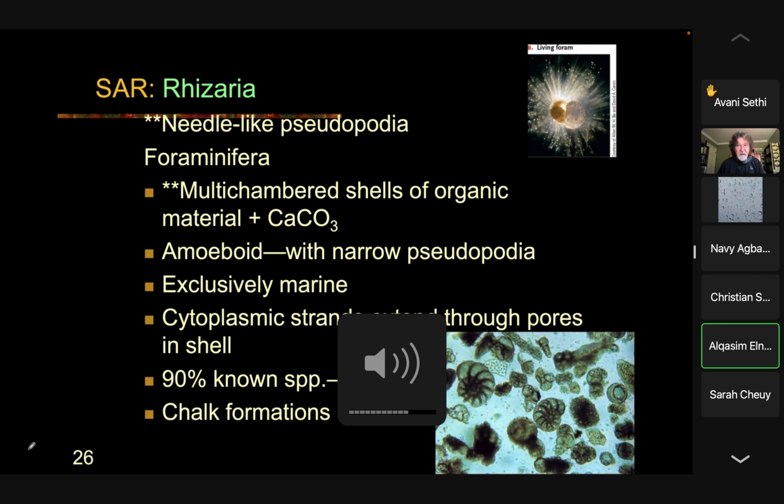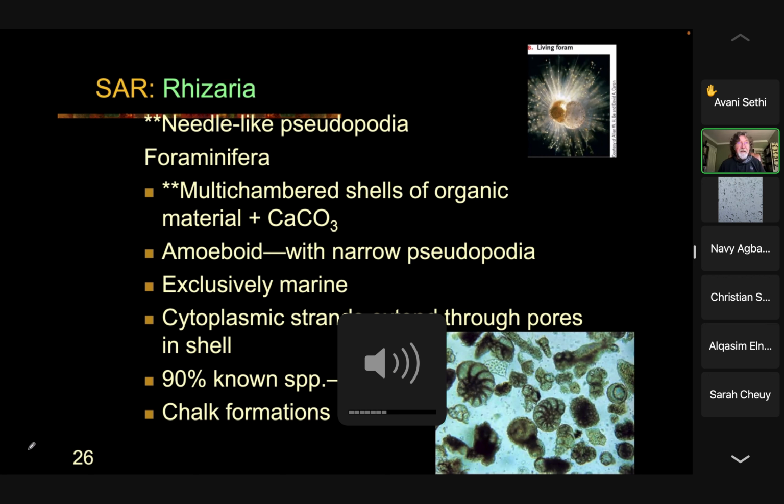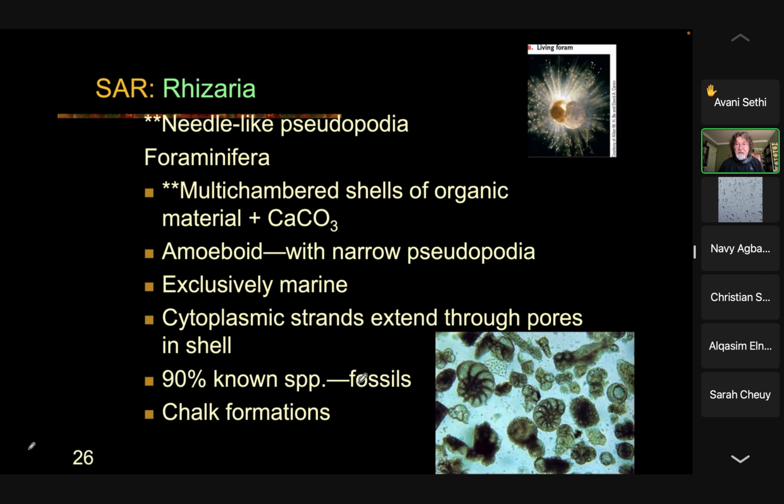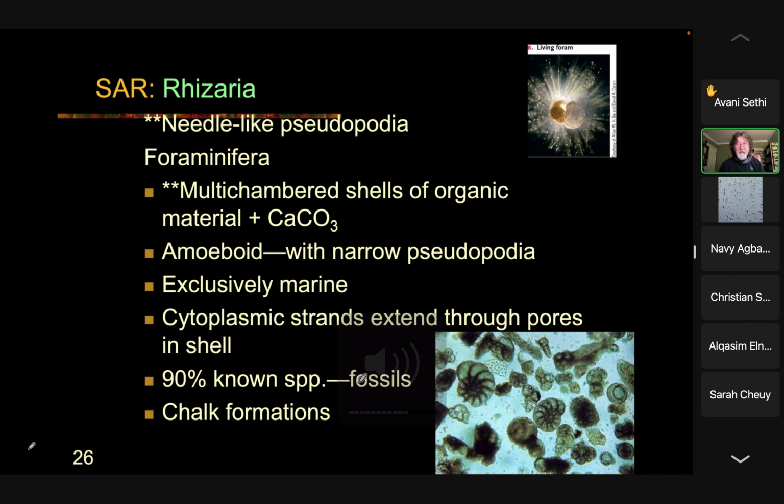Wait, isn't limestone also calcium carbonate? It is, but it's mostly calcium carbonate, and it doesn't have the organic material that makes chalk a little bit different. They are chemically different.